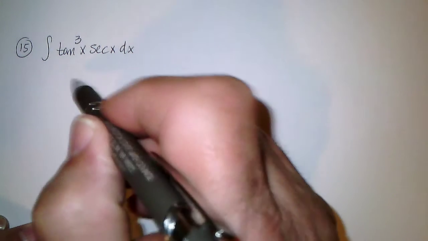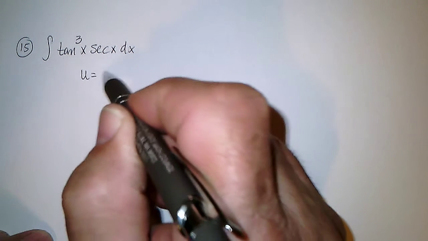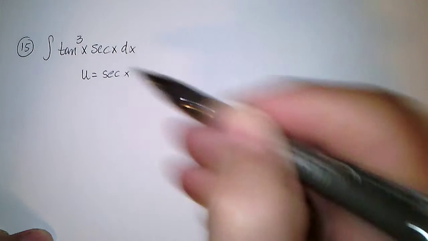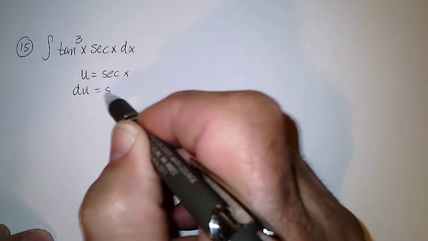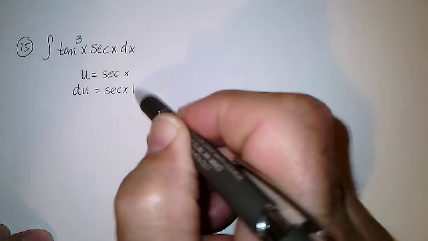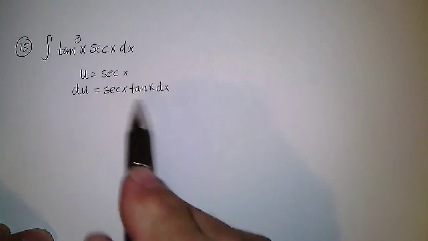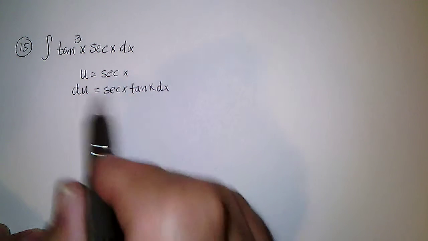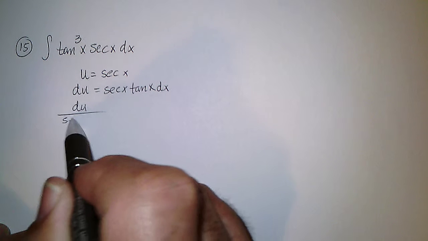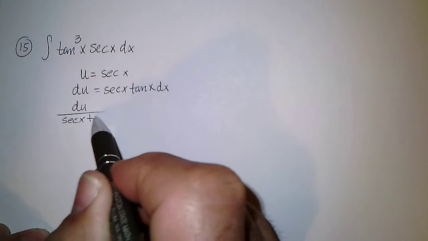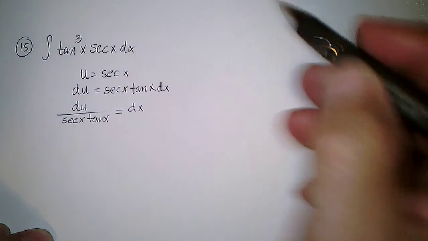So, I'm going to let u be the secant of x. du would be secant x tangent x dx. So if I divide by the secant tangent, I get du over secant x tangent x is dx.